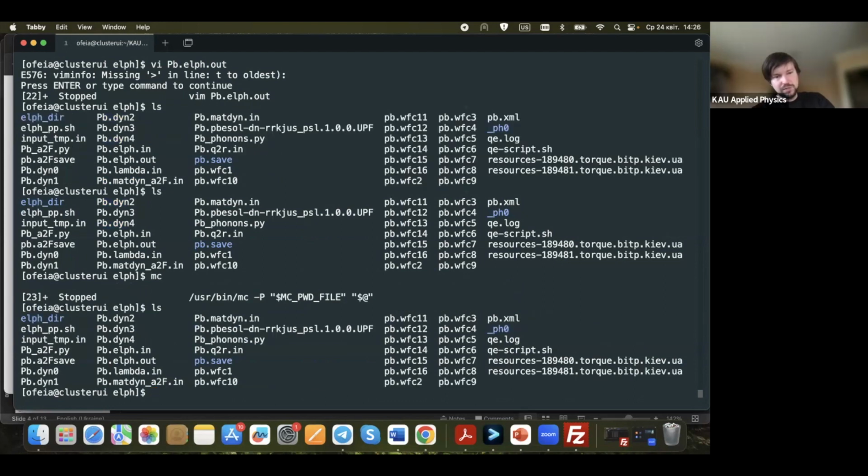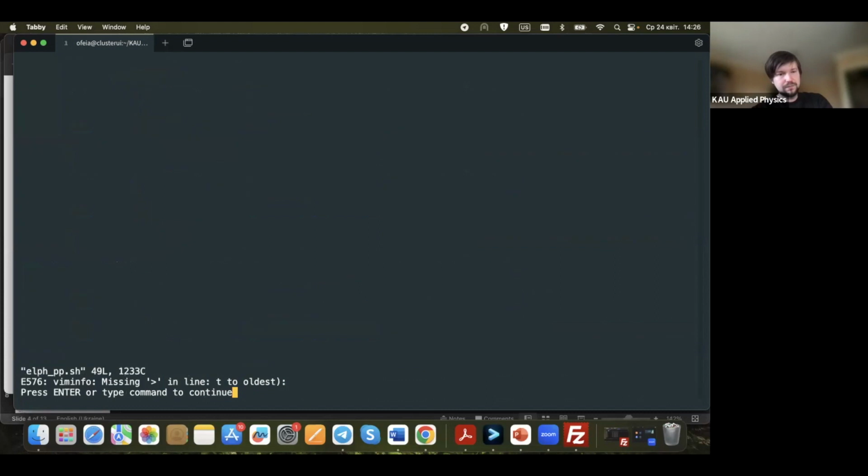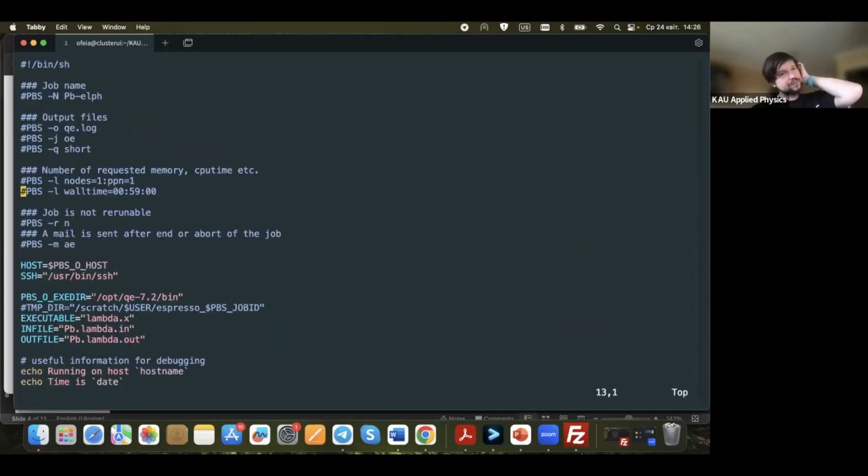For some simplicity, I made the script elph pp, because we have a lot of these post-processing steps, and I didn't want to change the script with ph.x hugely. Here is also only one processor, and here we should change it to Q2R.